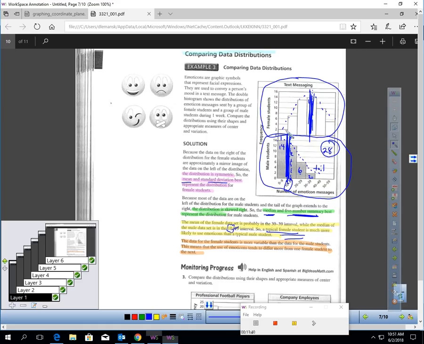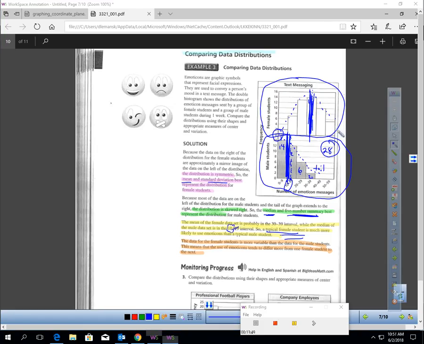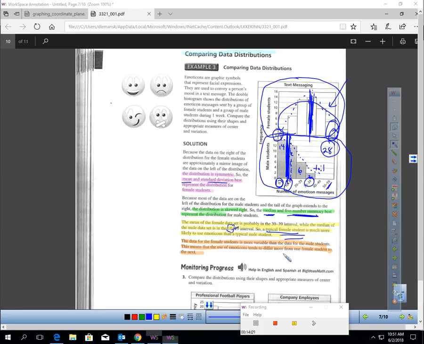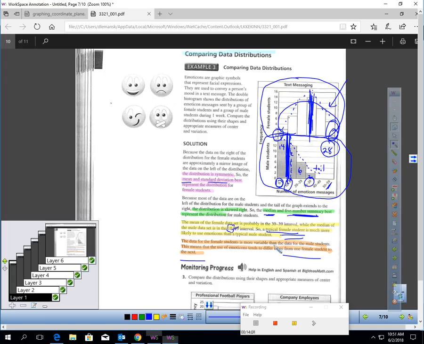You notice we have females sending as little as 0 emoticons, but also a group of them sending as many as 59 emoticons in text messages during a week, whereas for the males the low number would be 0 and the high is in the upper 30s. So again, much more variance in the female emoticon messages.